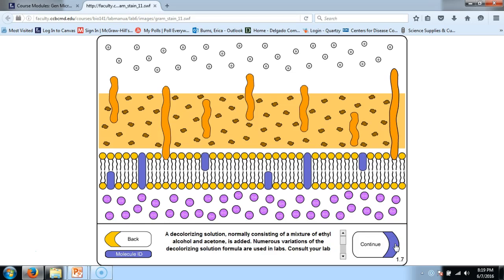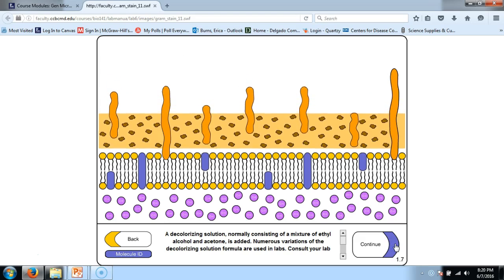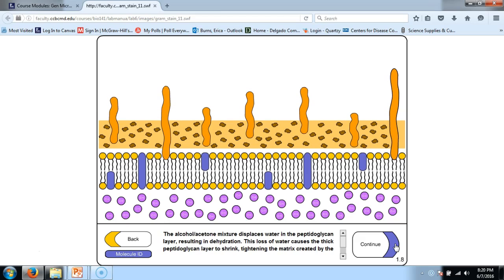So then the decolorization step. So who was paying attention? What does this do to the peptidoglycan layer? Thins it kind of. Shrinks it. Alcohol does strange things to things.